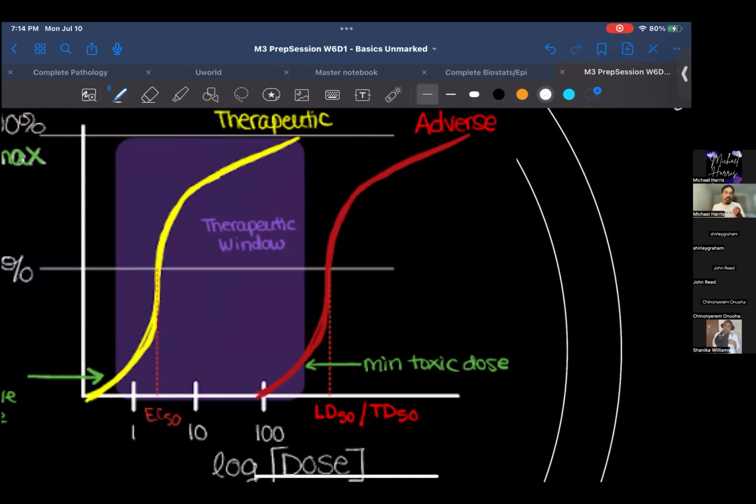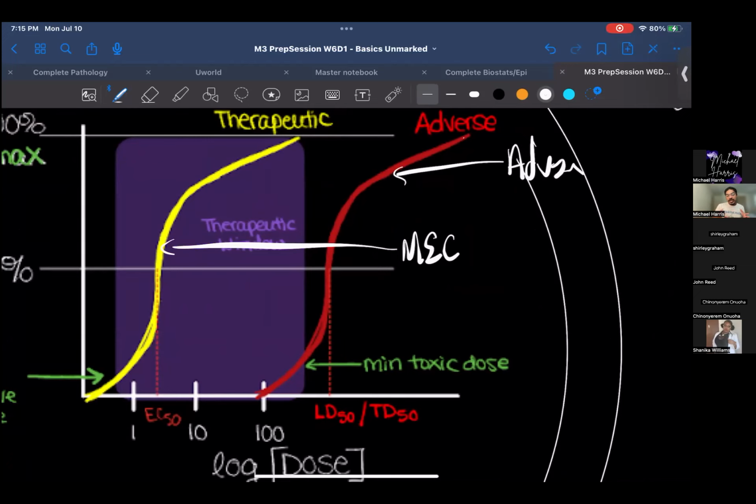Okay? For instance, here we see the adverse effects, and here is the therapeutic range. Therapeutic range is no different than that minimum effective concentration that we discussed. Okay? So, as you increase the drug concentration, you do get increased efficacy.